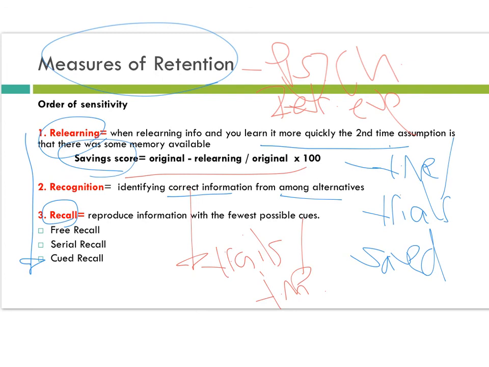The reason why this is a more sensitive measure of retention than, say, recall is because it actually provides more retrieval cues and they serve as prompts or reminders. So the fact that you actually have all of this information means that you have way more retrieval cues than recall. Now, of course, with recall, we reproduce information with the fewest possible cues.